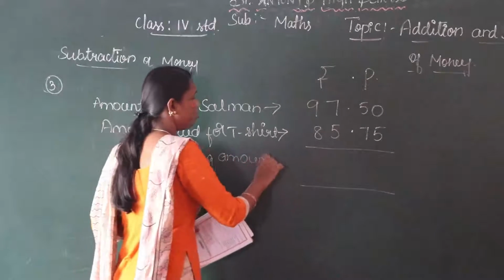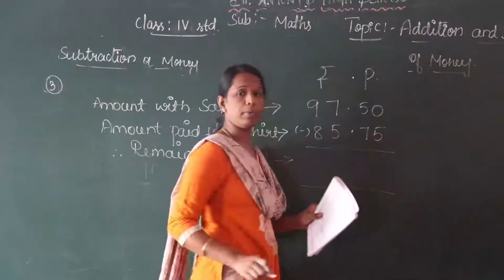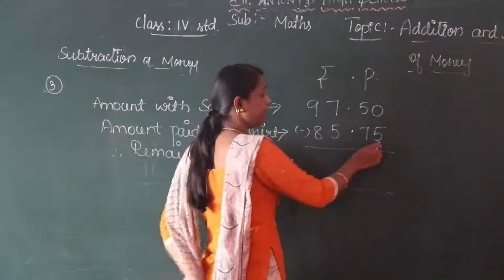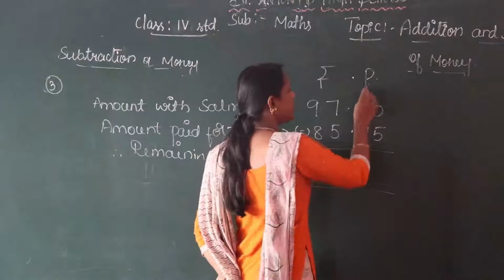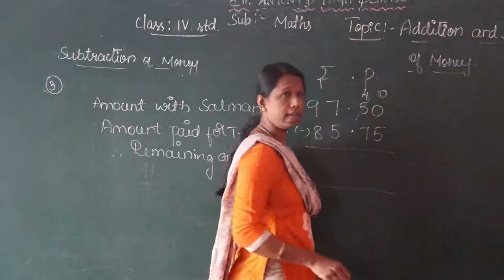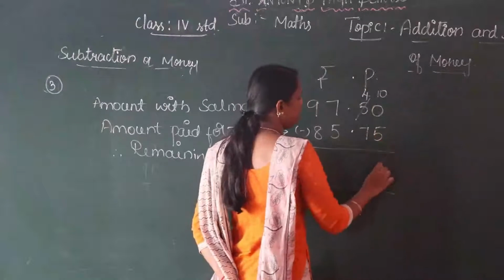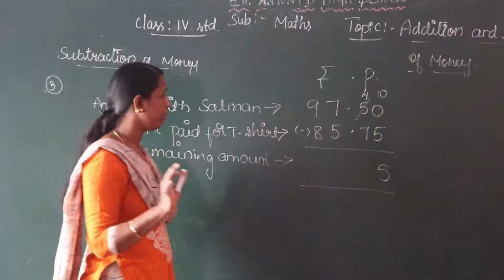So now we have to do the subtraction. 0 minus 5 is not possible because the subtrahend is greater than the minuend. Take borrow from the nearest place. This 5 becomes 4, this 0 becomes 10. 10 minus 5, 5. 4 minus 7 is also not possible.